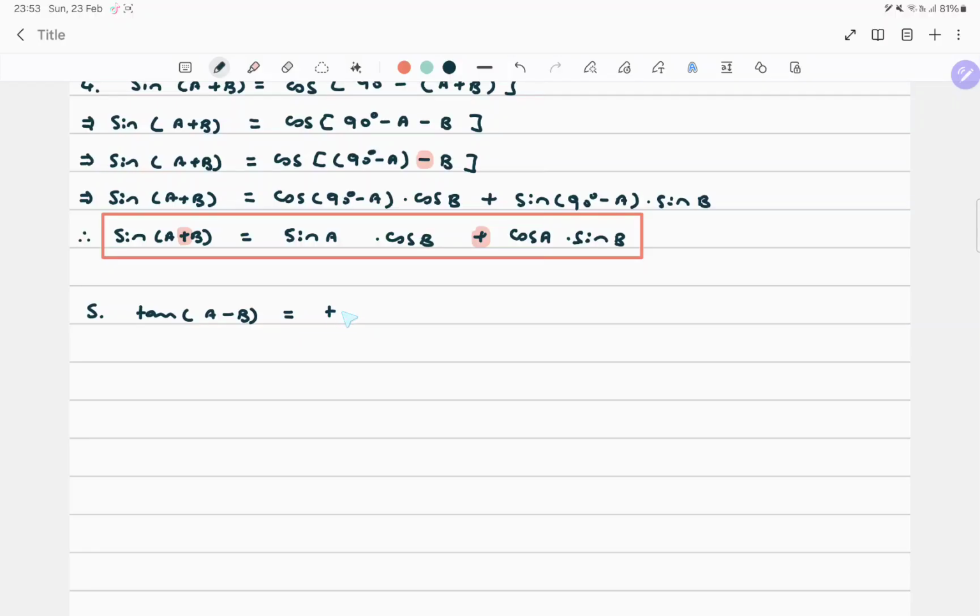We are going to have tan of the first angle minus tan of the second angle divided by 1 plus, this time, the product of tan of the first angle and tan of the second angle.